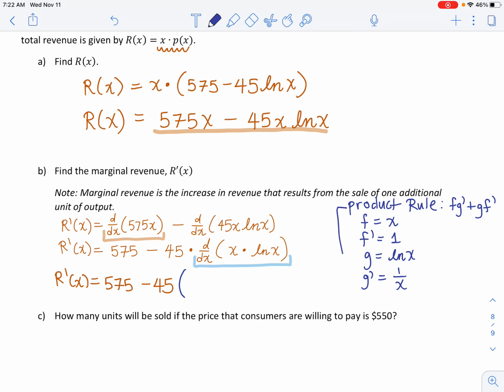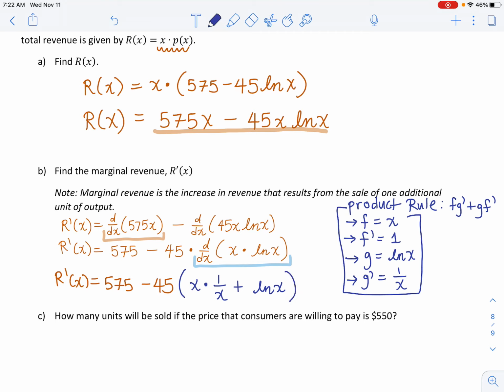So using these four pieces that we laid out, the derivative of x times natural log of x is x times 1 over x, that was f times g prime, plus g times natural log of x times f prime. Now listen, f prime is just 1, so I'm not going to write multiplying by 1 because that's not going to change anything.